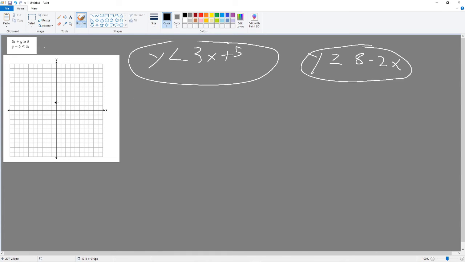So 0, 1, 2, 3, 4, 5. And then when x is equal to 1, you get 3 plus 5, which is 8. So 1, 8, 6, 7, 8.